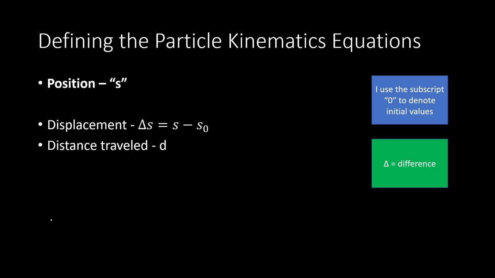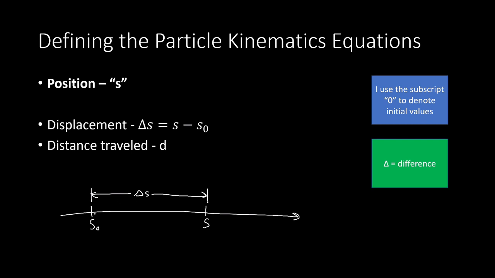So if we look at an axis here, and let's say our initial position is over here, and final position is over here, well, no matter how we get from this point to this point, our displacement will always be this length here.